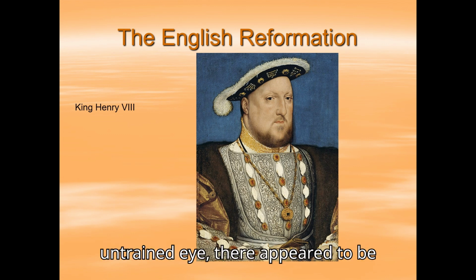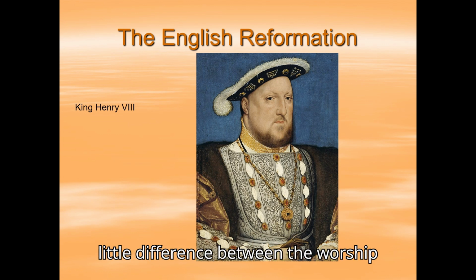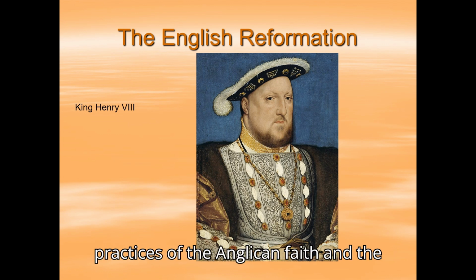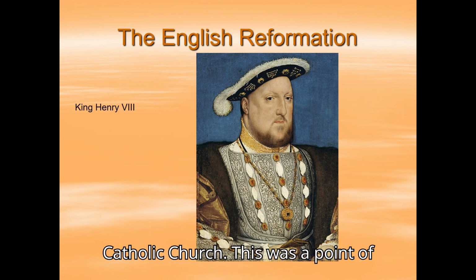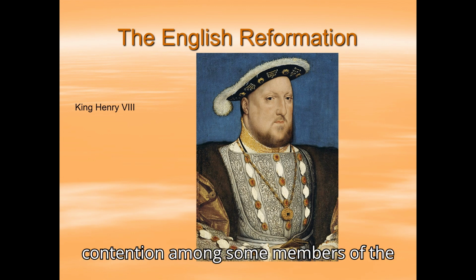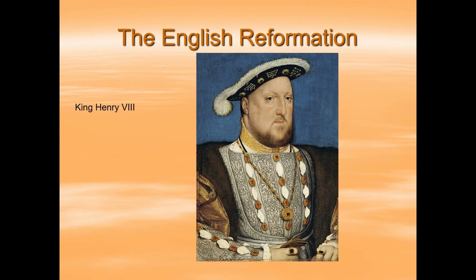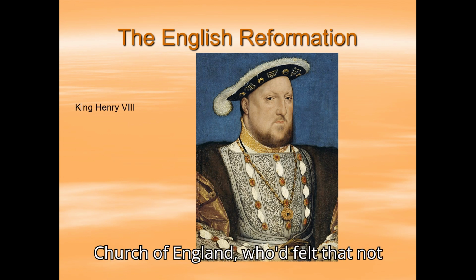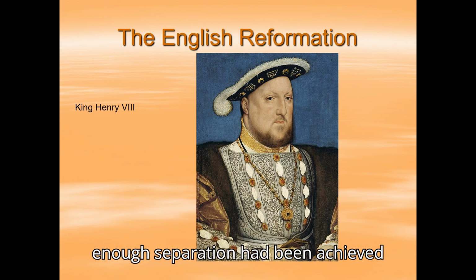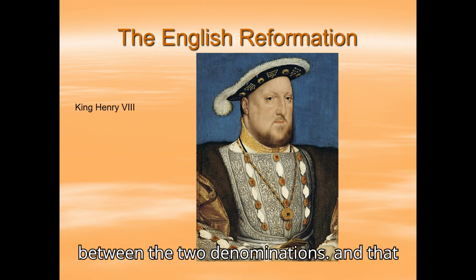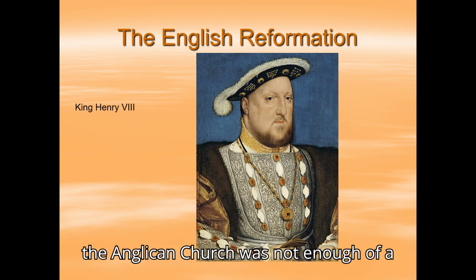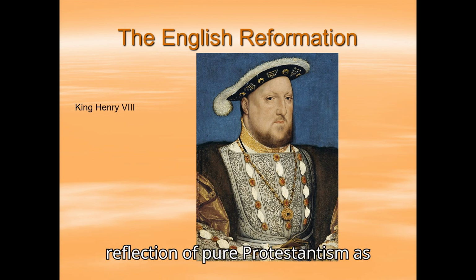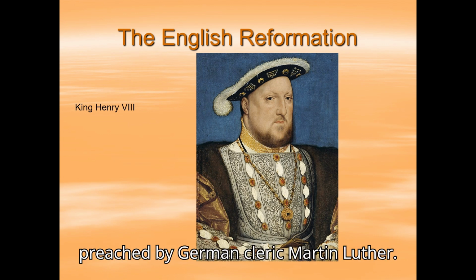To the untrained eye, there appeared to be little difference between the worship practices of the Anglican faith and the Catholic Church. This was a point of contention among some members of the Church of England, who felt that not enough separation had been achieved between the two denominations, and that the Anglican Church was not enough of a reflection of pure Protestantism as preached by German cleric Martin Luther.